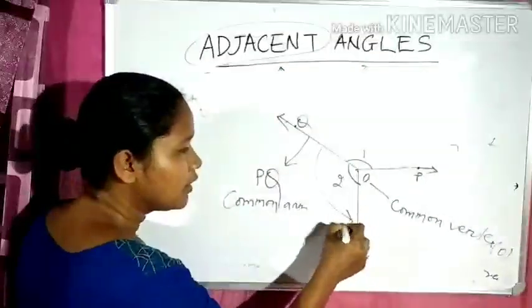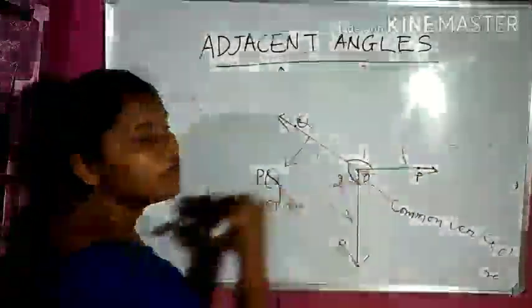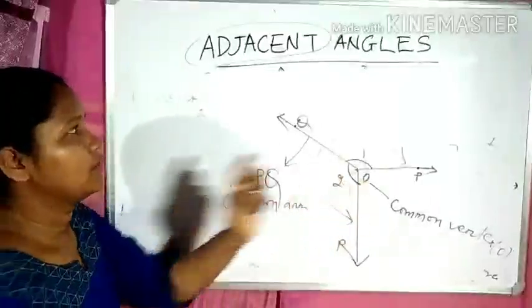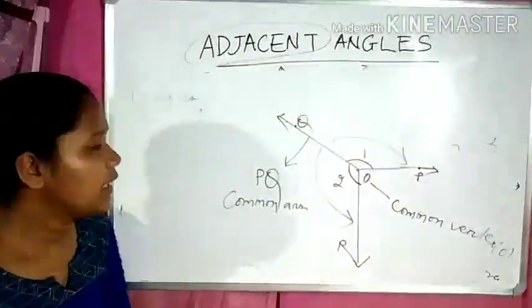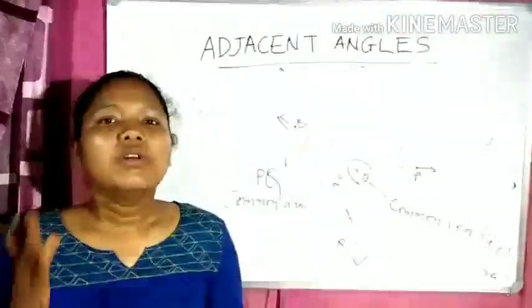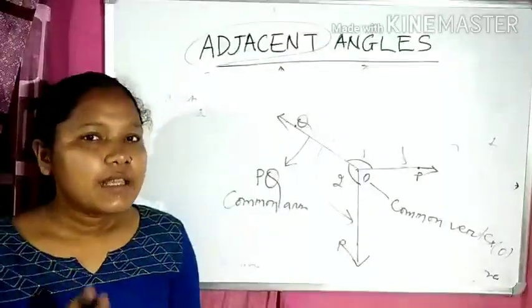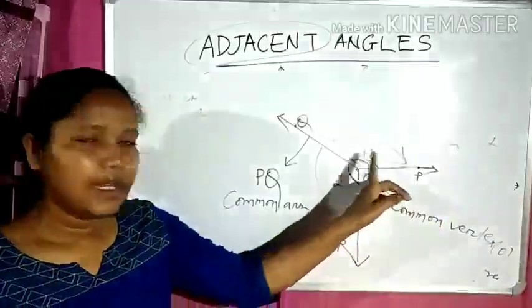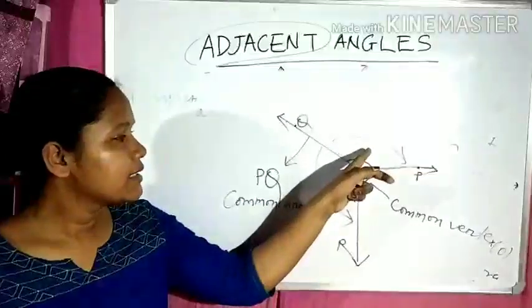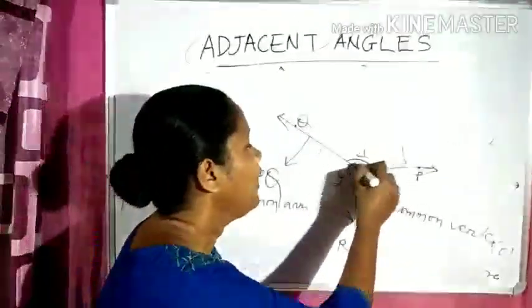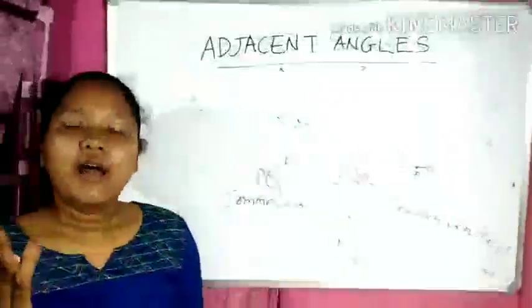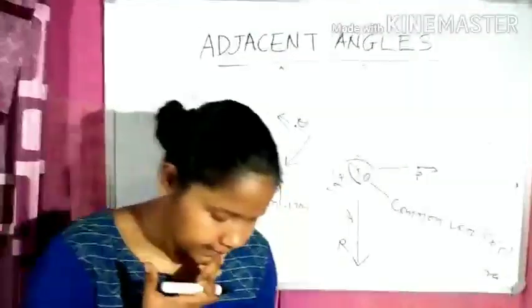Yes. So we can say that two obtuse angles can be adjacent angles. These two angles, angle 1 and angle 2, are adjacent angles.